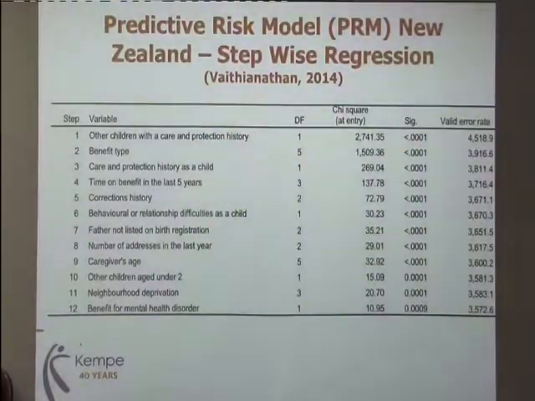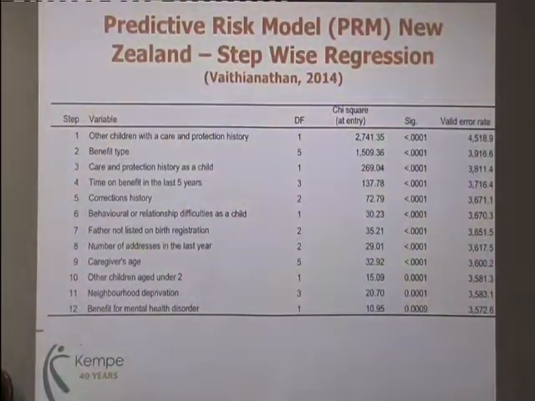And then this is an example from New Zealand. New Zealand also uses a linked data set, and what they're now in the process of doing is developing what's called a predictive risk model. This is intended to be used for more clinical decision making.